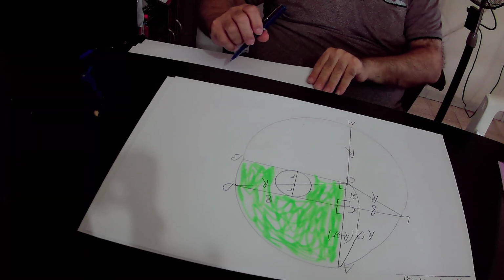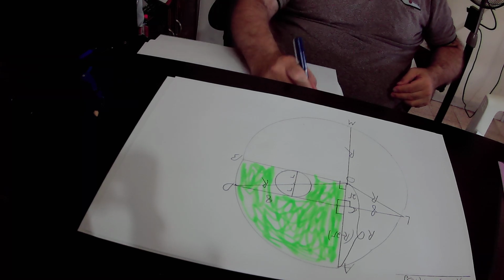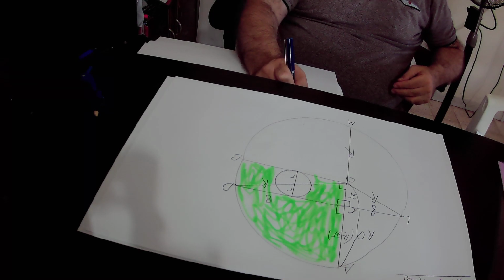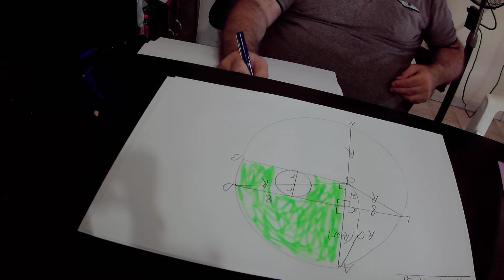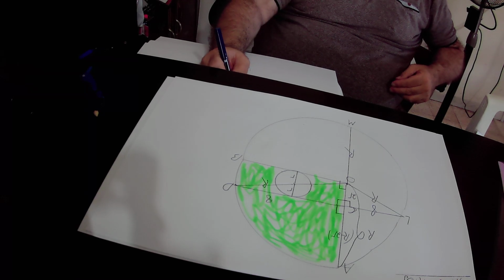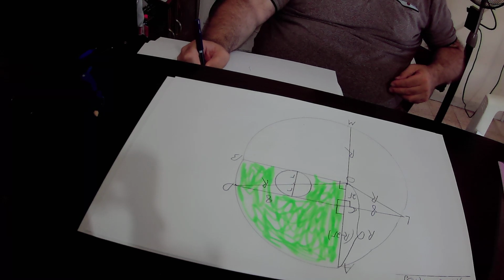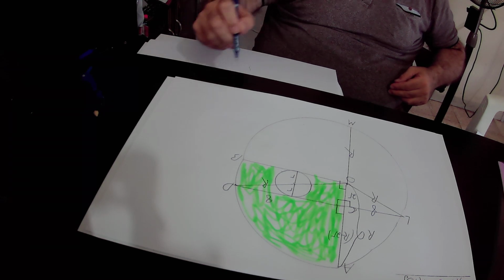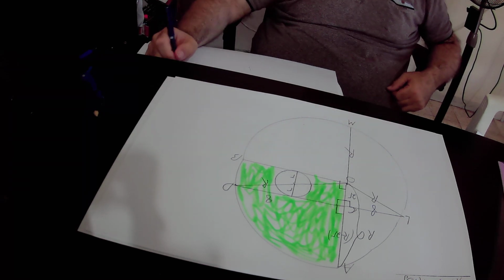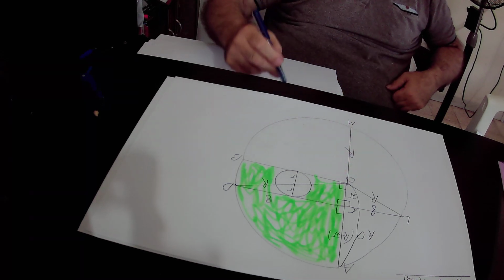So I'll write it down. In our drawing, we have chord AM that intersects with chord LD at point C. Point C is the intersection point.